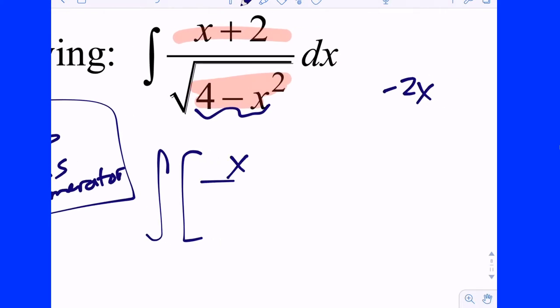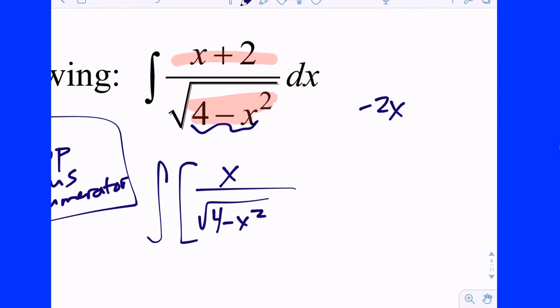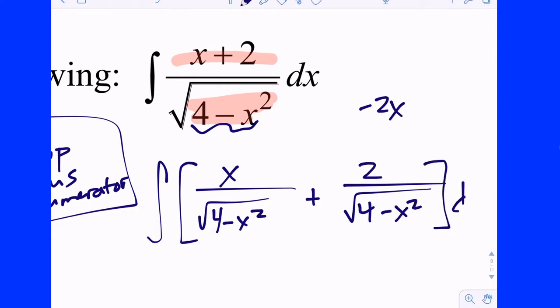I'm going to say it's x over the square root of 4 minus x squared, and then plus 2 over the square root of 4 minus x squared. As long as every term that you split up in the numerator, or a combination of terms, gets the entire denominator, it's legal.